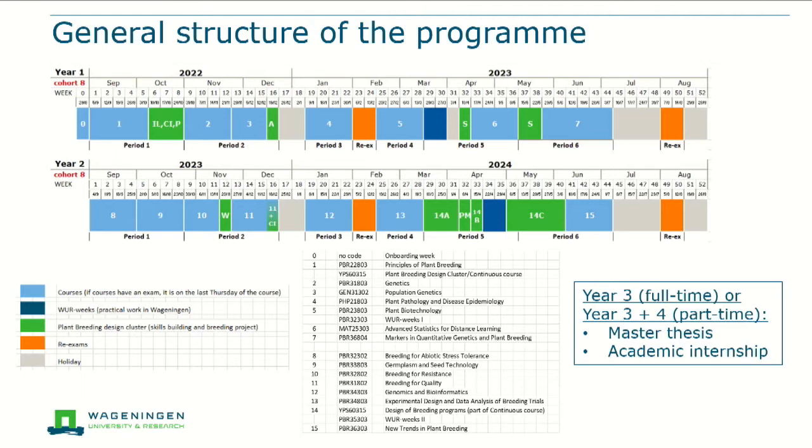The dark blue blocks are the Wageningen weeks, where you actually come to Wageningen for 2 weeks to have practicums, etc. Gray blocks are holidays, so mainly Christmas and summer holidays, and then orange are the re-exam blocks. So it goes from one course into the other right away.